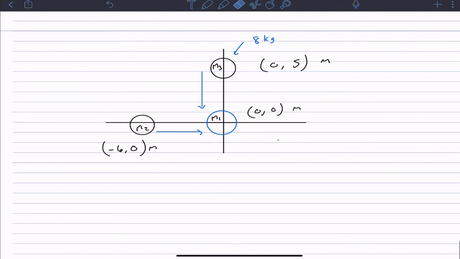This one was 12.5 kilograms, and this one was 4.5 kilograms, right? Since this one is the most massive, the gravitational force will point in the negative y hat direction from M3 to M1, and the positive x hat direction from M2 to M1.